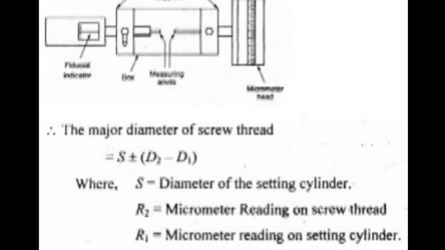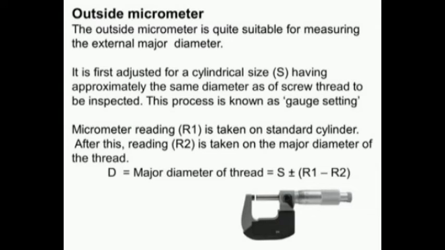Besides the bench micrometer, any machine used for the measurement of effective diameter can be used to measure major diameter with slight modifications in the setup. We can also conveniently use an outside micrometer to measure the major diameter.